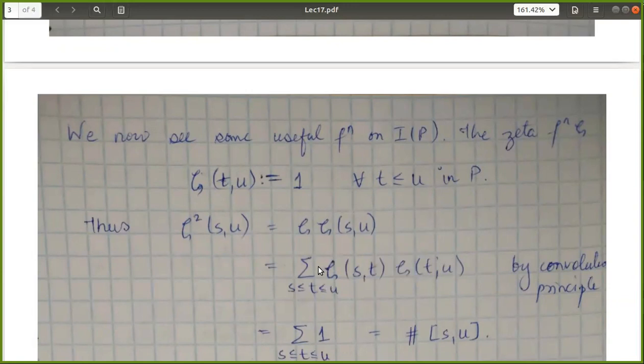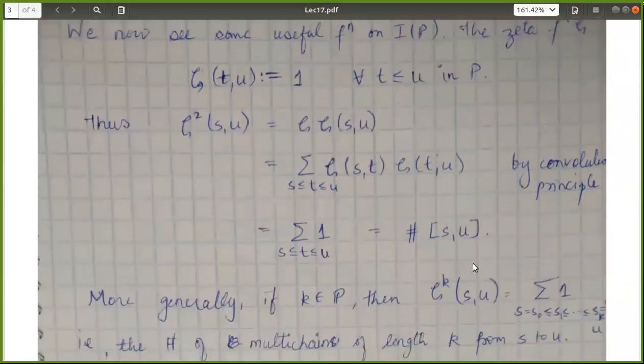Therefore, what you actually have is a summation of ones. How many times? For all the occurrences of T which are in between S and U. However, this is nothing but the number of elements in the closed interval SU. So that is what is written.